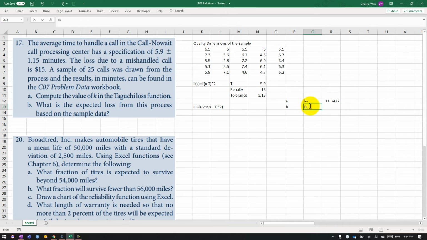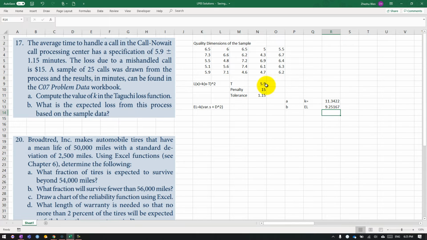So expected loss is equal to k multiplied by the variance of the sample, plus the mean difference, the average of your process minus the target, squared, close parenthesis.